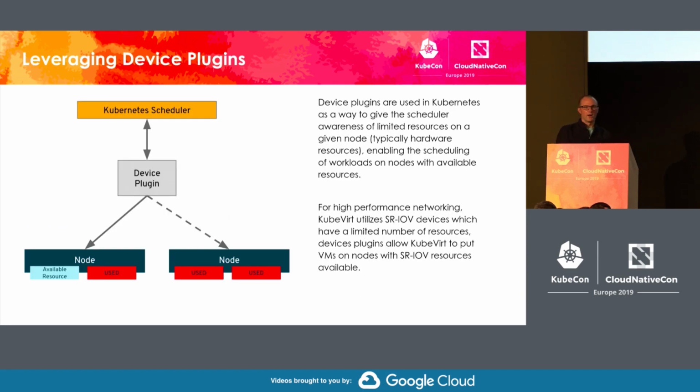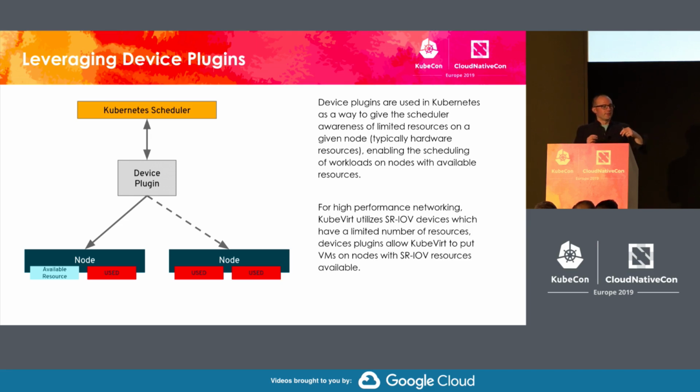So let's talk about device plugins for just a moment. In order to use SR-IOV interfaces, we use an SR-IOV device plugin. Device plugins give the Kubernetes scheduler awareness of physical resources that have been utilized on a particular node. So in the case of SR-IOV, we have physical functions, and then we have virtual functions. And when you use a virtual function, this is a resource that can be exhausted on a particular host.